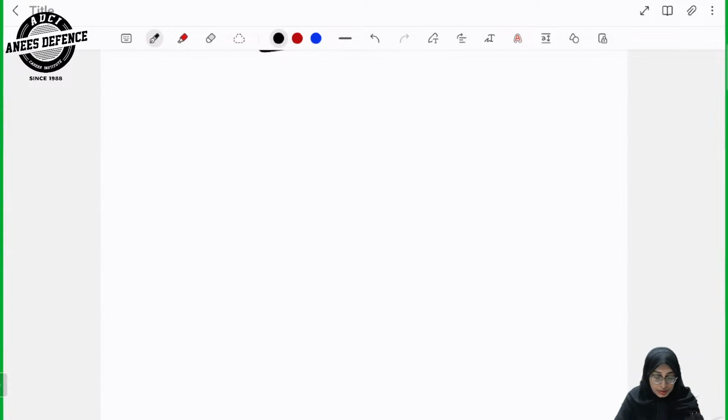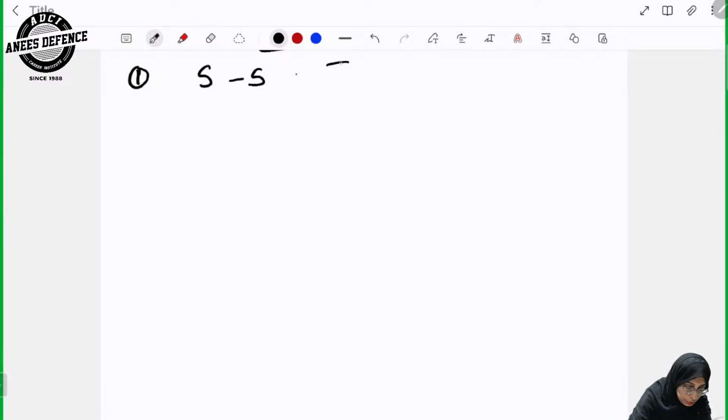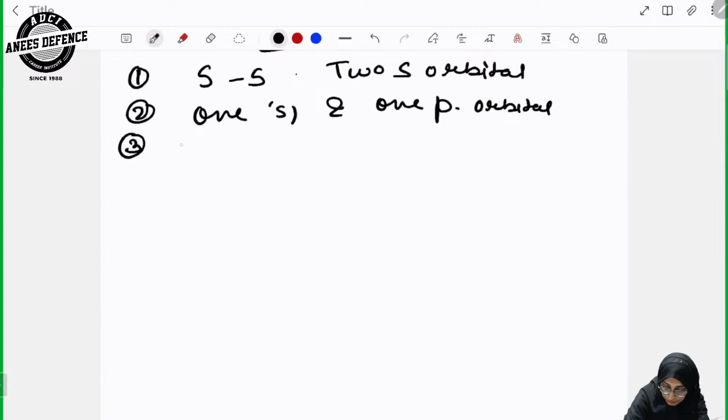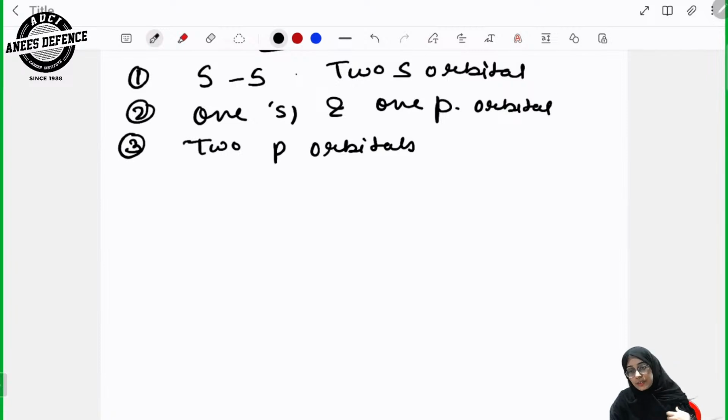Sigma bond could be between two s orbitals, it could be between one s and one p orbital, and it could be between two p orbitals. Okay, ss, sp, and pp.